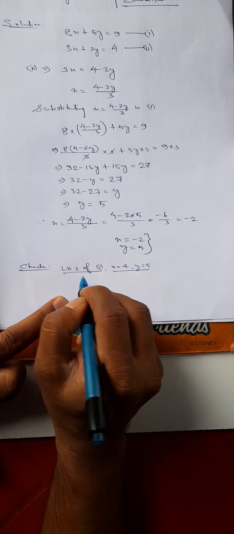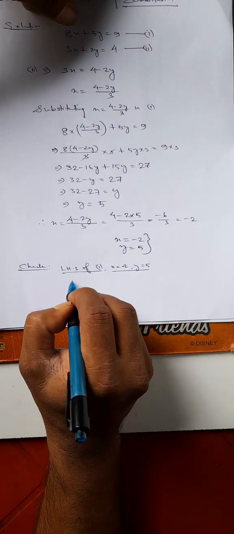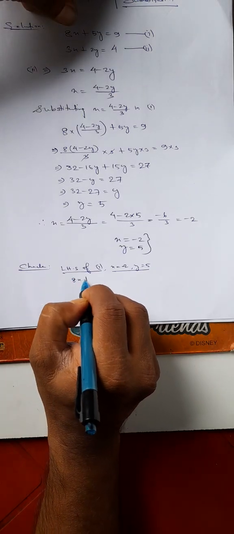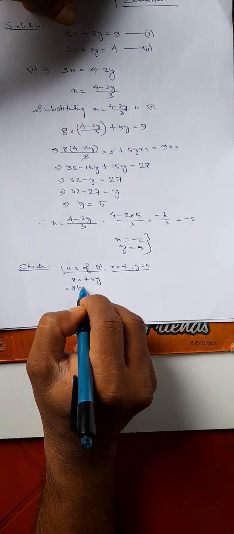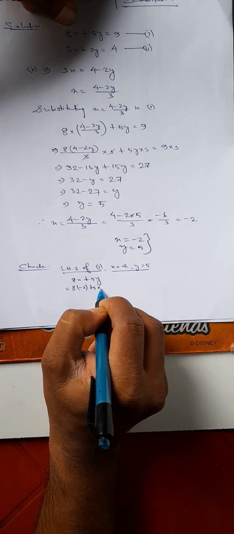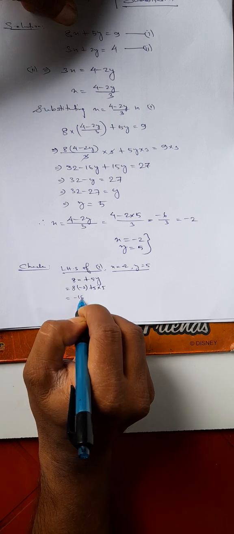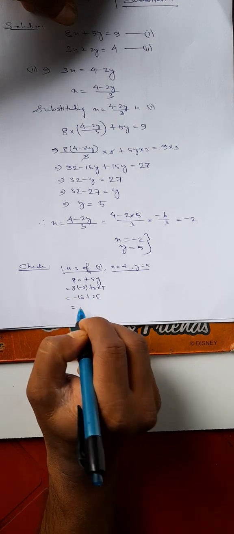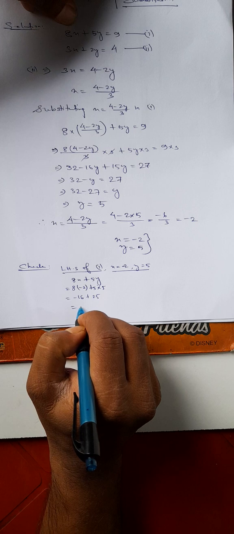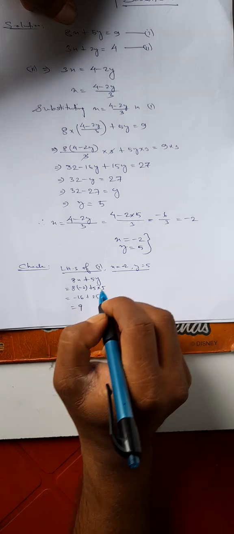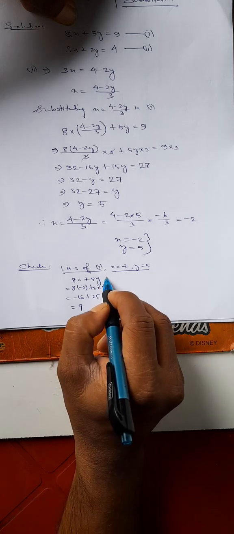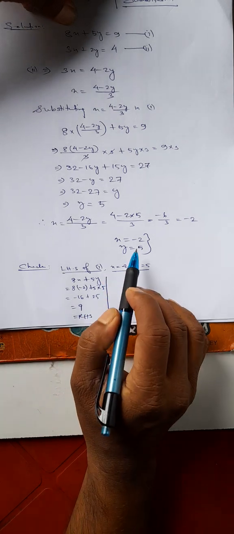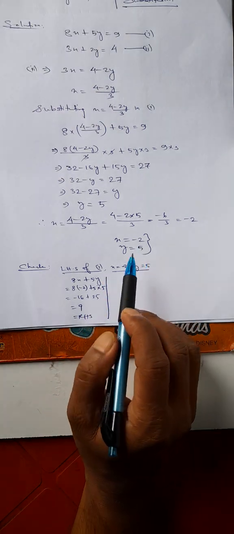You get left hand side of equation 1, 8x plus 5y equal to 8 into minus 2 plus 5 into 5, minus 16 plus 25, then it becomes 9. That means it equals the right hand side. So these solutions satisfy equation 1.